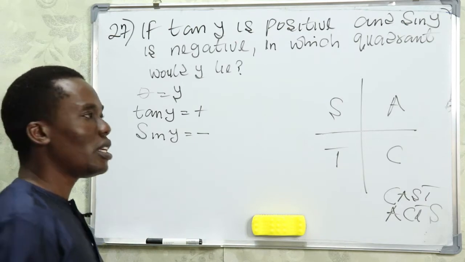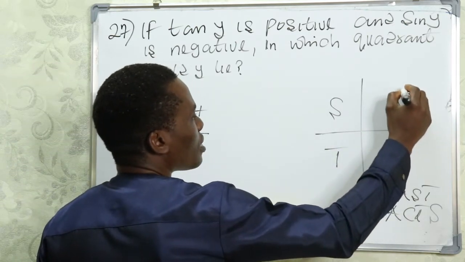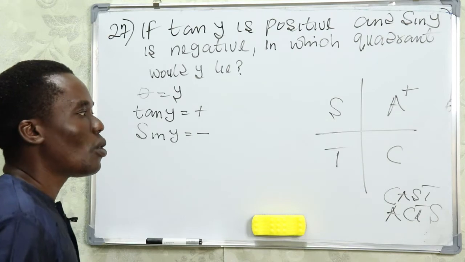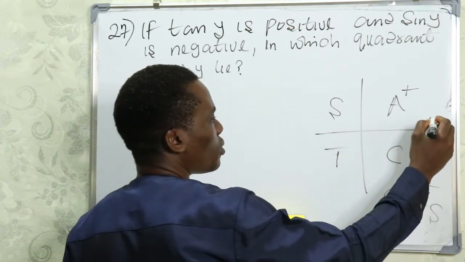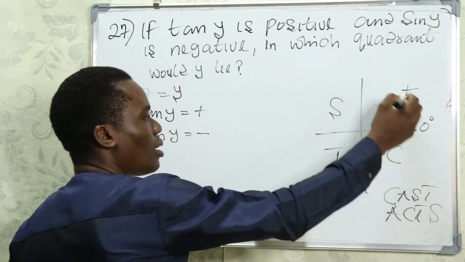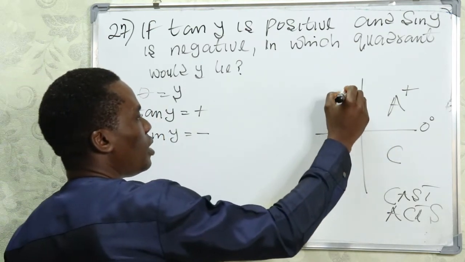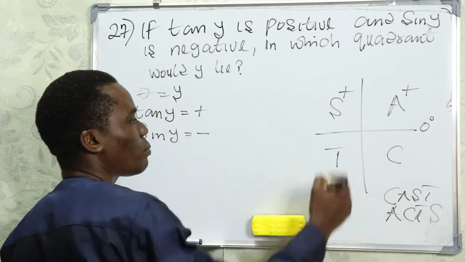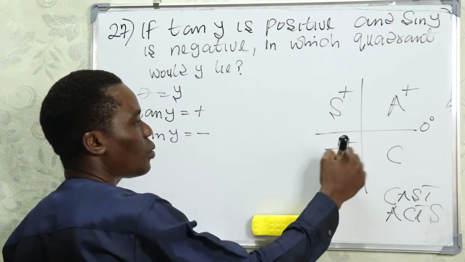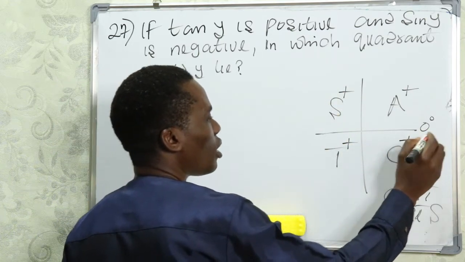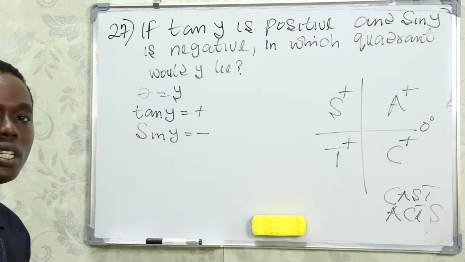Now what does all this mean? This means that all angles in this quadrant are positive. In this one, only sine is positive, only tan in this quadrant is positive, and only cos in this quadrant is positive.